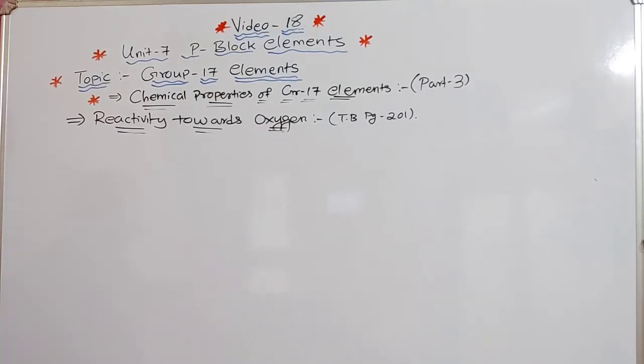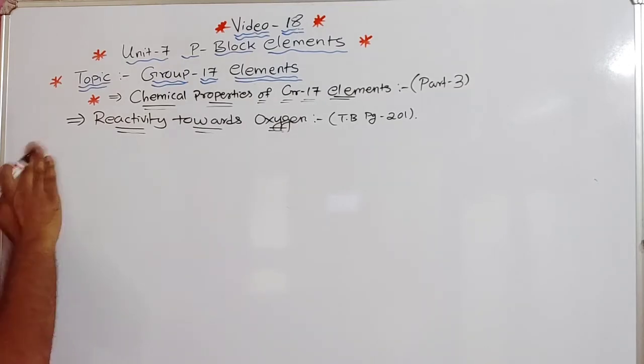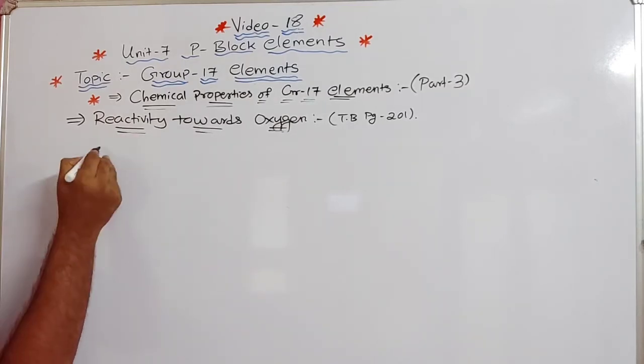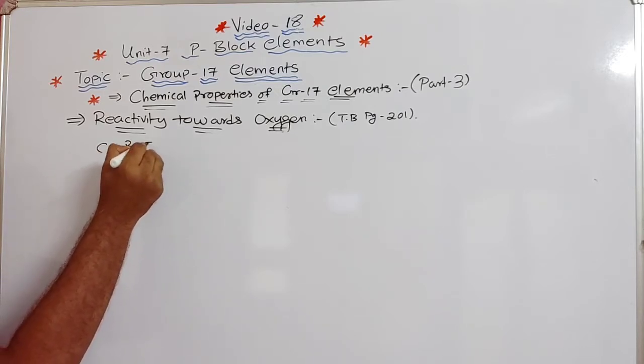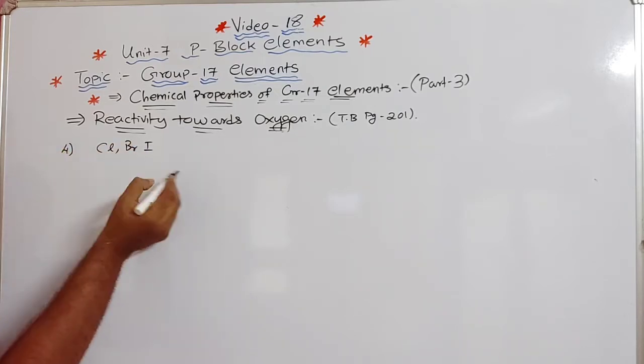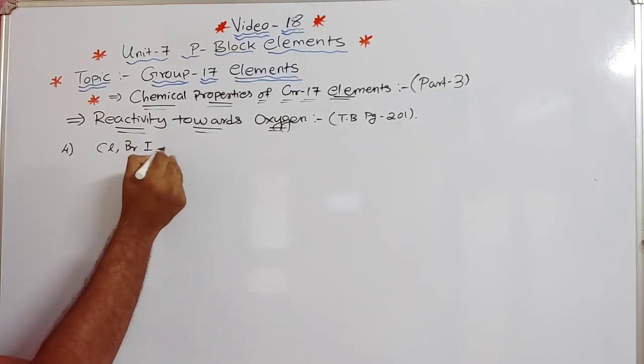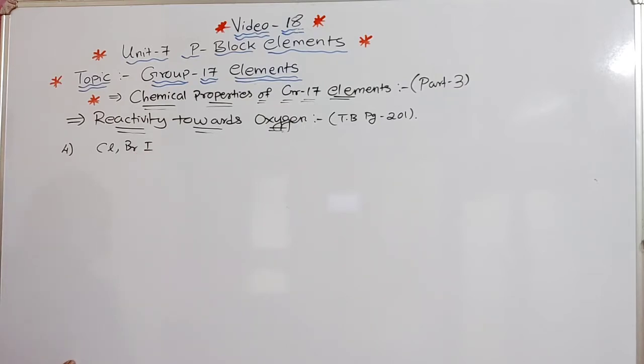Okay, now the other part is the decreasing order of stability: Cl, Br and I. This is point number 4.